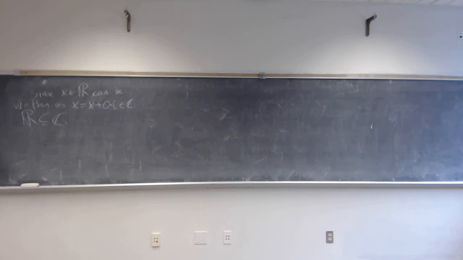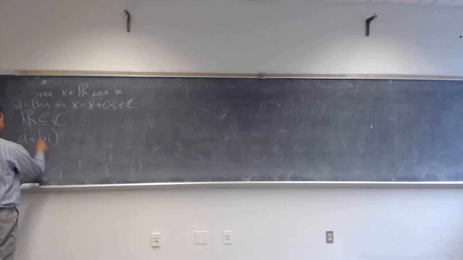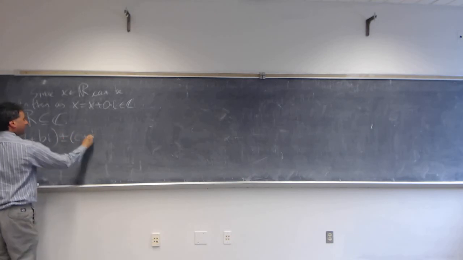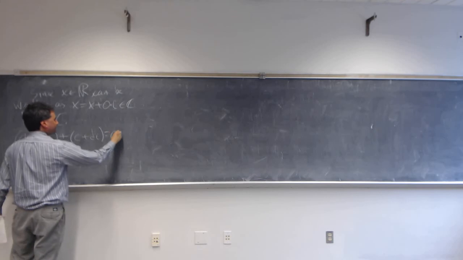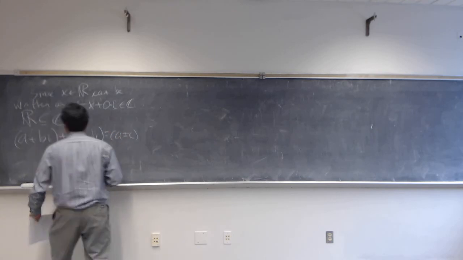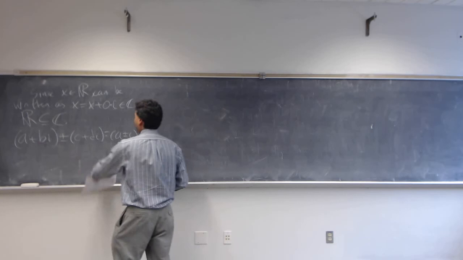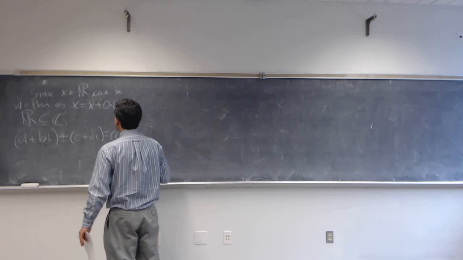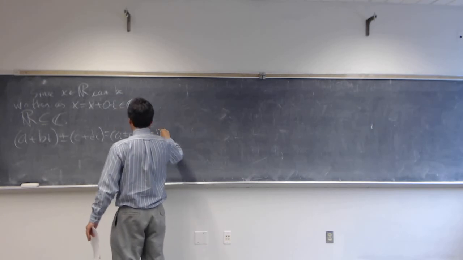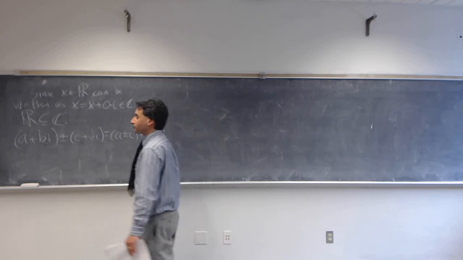Addition and subtraction is easy if you take two complex numbers. You would add or subtract the part without an i, and add or subtract the part with an i.